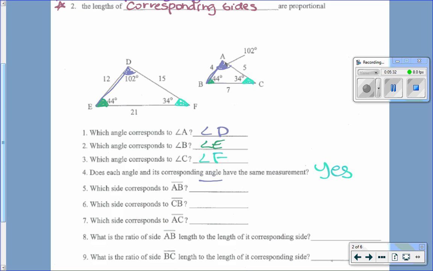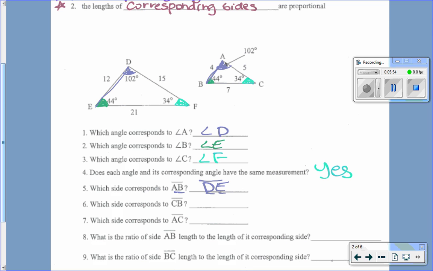D, E. And it's important that D comes first. If you put ED, that's incorrect. Why? Because A corresponds with D, and B corresponds with E.